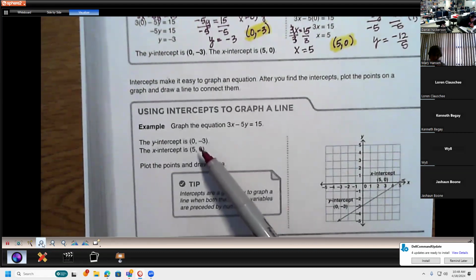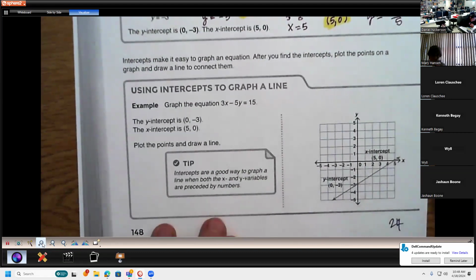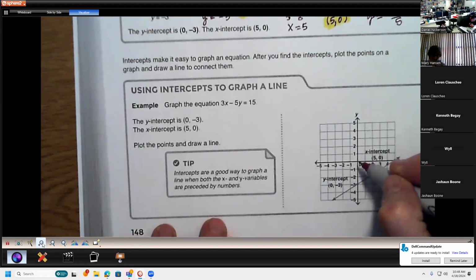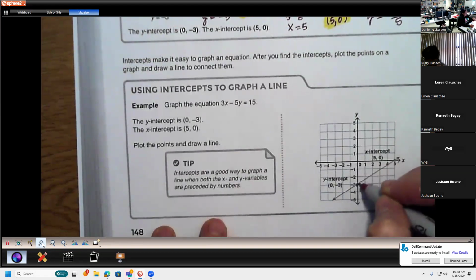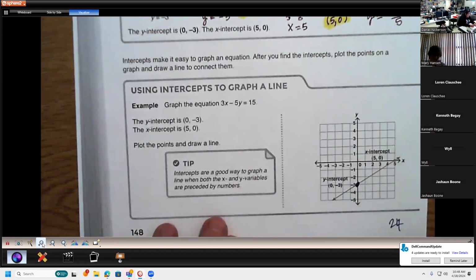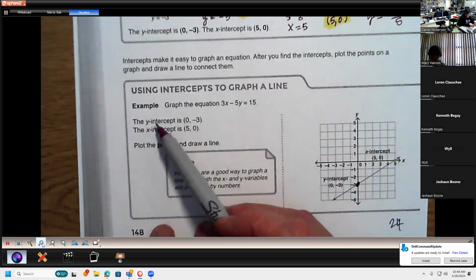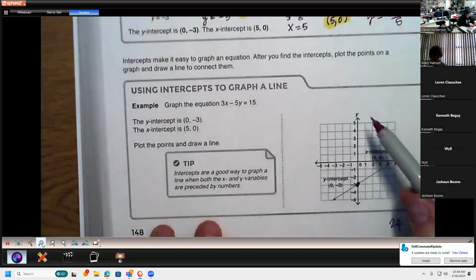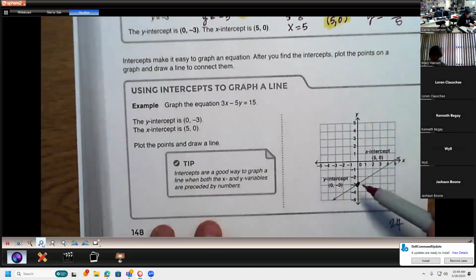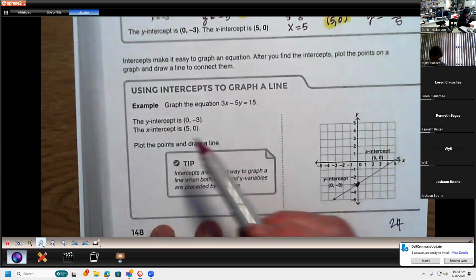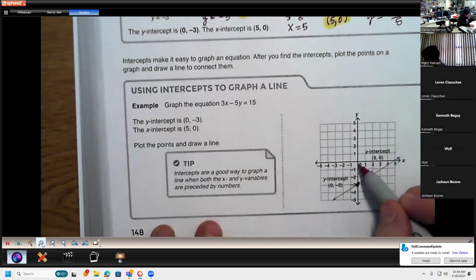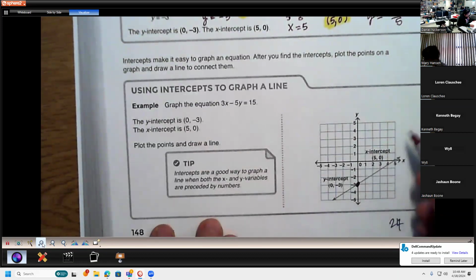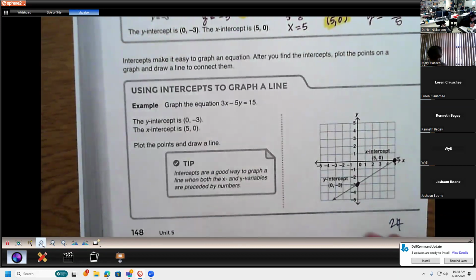So to plot the point 0, negative 3, I start at the middle, I go left and right 0, and I go down 1, 2, 3, and there's my point. Or you could say the y-intercept is negative 3, meaning this line that I'm going to draw is going to cross the y-axis at negative 3. And then the x-intercept, I start at the center and I count over 5 and I go up and down 0, and I get this point over here.